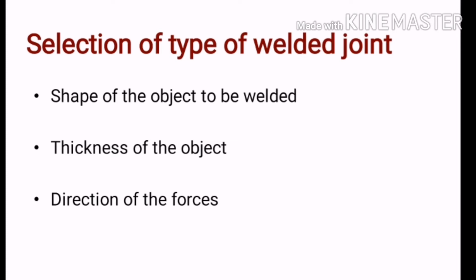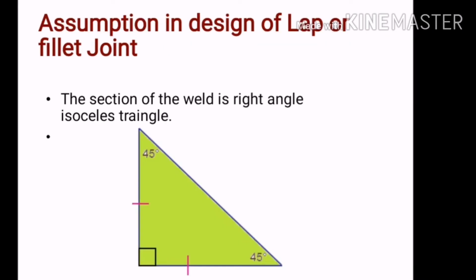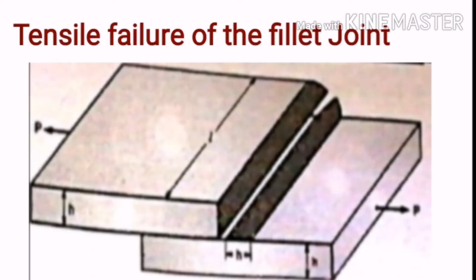So the selection of the type of welded joints depends on the shape of the object to be welded, the thickness of the object, and most importantly the direction of the forces acting on the object. Assumptions in design of lap or fillet joint. For calculation and design purpose, it is assumed that the section of the weld is a right angled isosceles triangle.